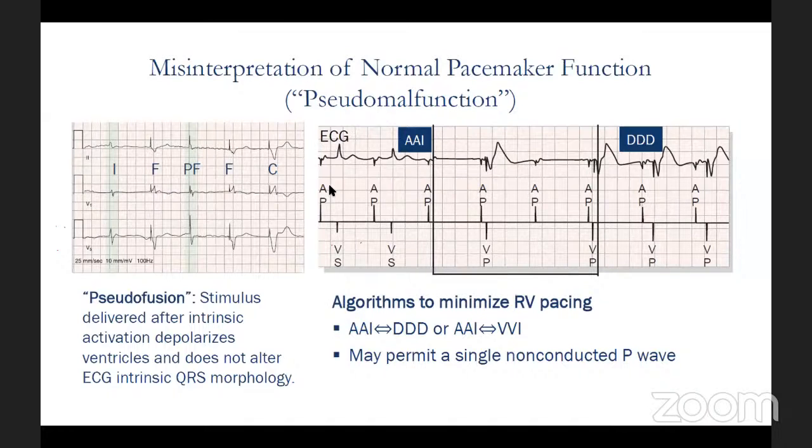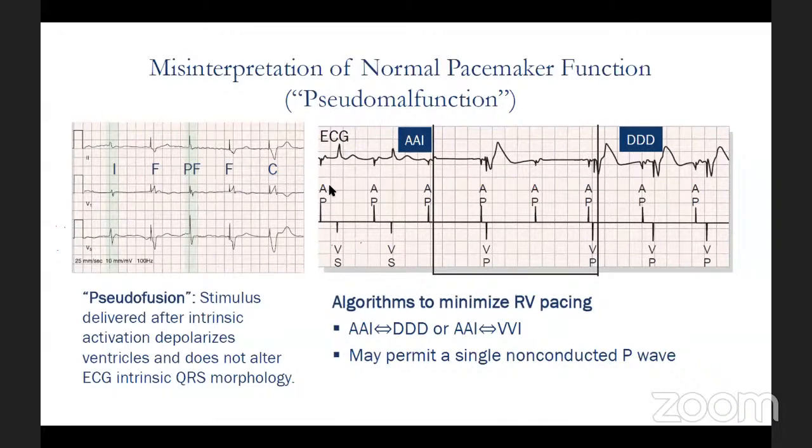I think the MVP mode is you pace AAI and you move to DDD when needed. But during testing, it actually tests in DDD, I think. So you see in your slide, Mohammed, before it was AAI.